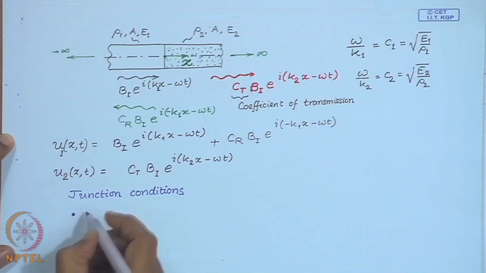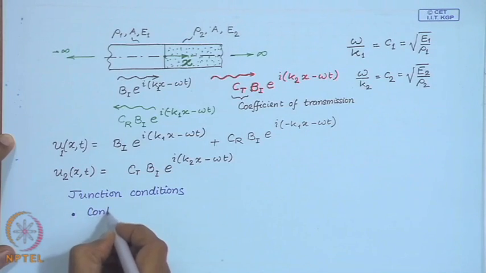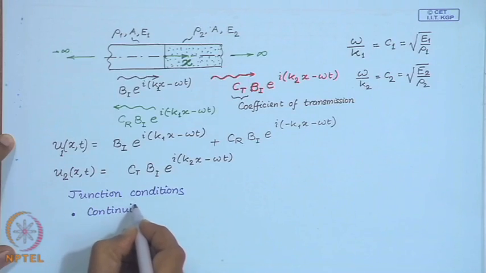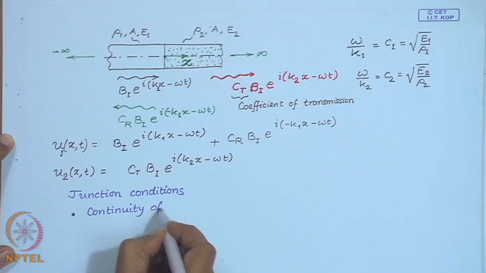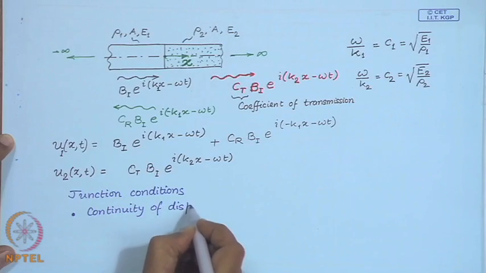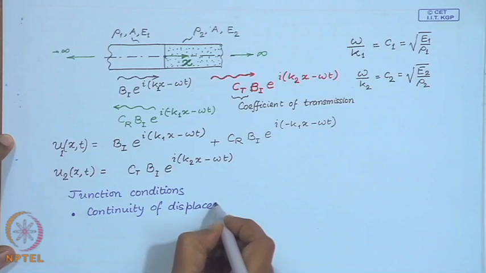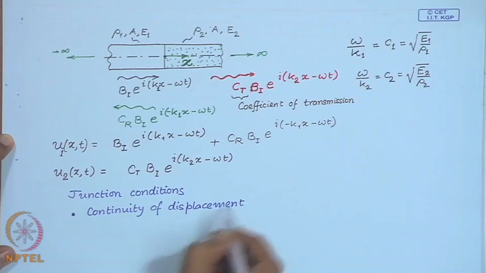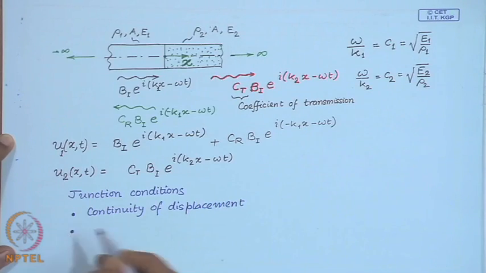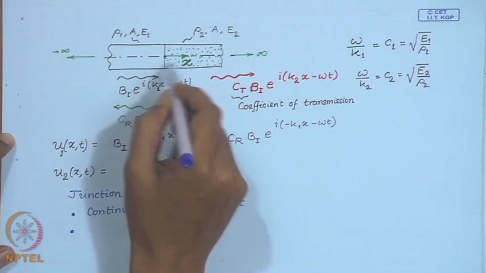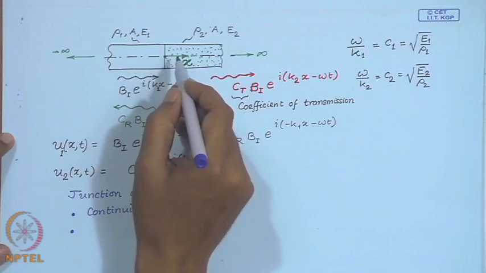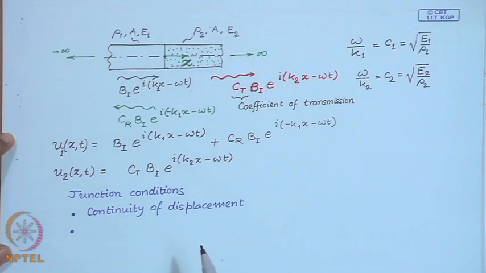The first one is material continuity or continuity of displacement. And the second one comes from Newton's third law, which says that the force must be continuous, equal and opposite at this junction. So, continuity of force.